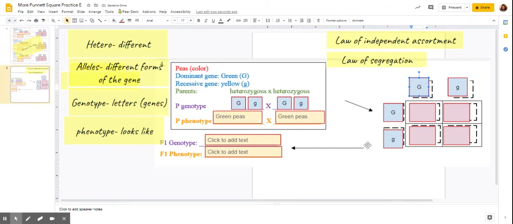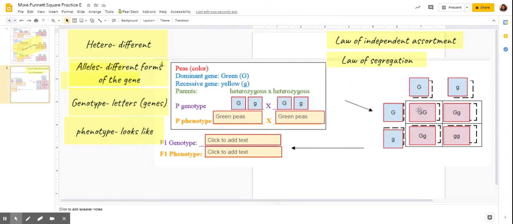So make sure you keep these two together and these two together. Now in this case, it doesn't matter, but usually it does. And then we're going to bring each one down and each one across to show what would happen with fertilization. So again, if you have a big one and a little one, you're always going to write the big letter first.